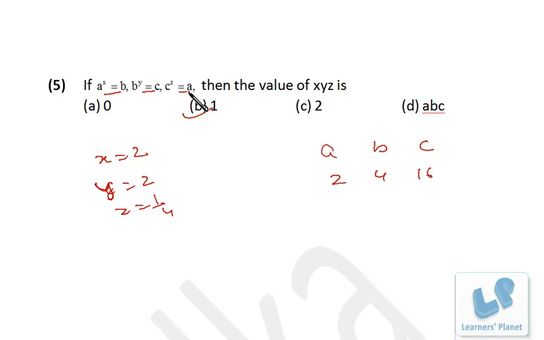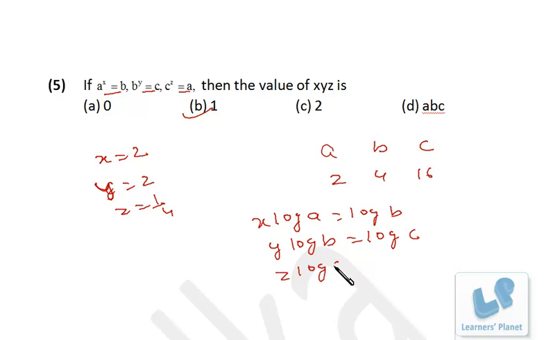For individual expression, take logarithm of both the sides. So it will be x log a is equal to log b. Similarly, it is y log b is equal to log c, and here it is z log c is equal to log of a. Okay, or in fact what you can do is this, right?